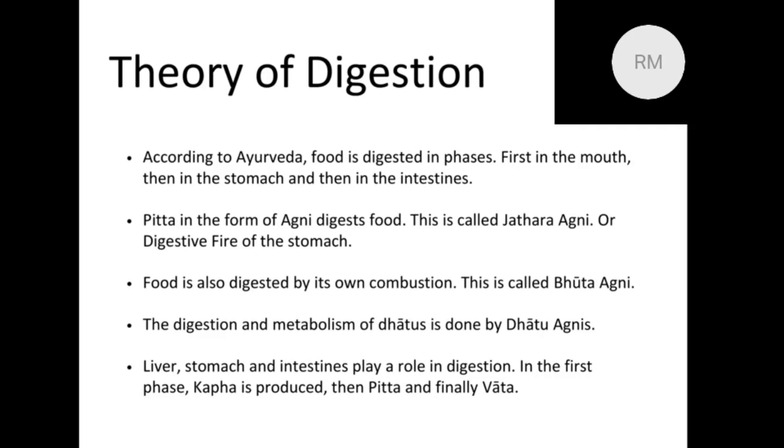So if the Jadaragni is very low or if the Jadaragni is very high... if the Jadaragni is too low, then we cannot produce the nourishment for the Dhatus to replenish itself. So I will tell you the situation. Jadaragni too low. Then what happens is Dhatus do not get nourishment.